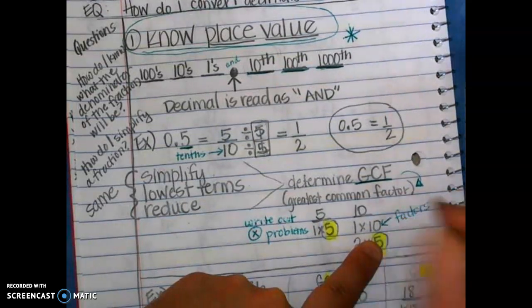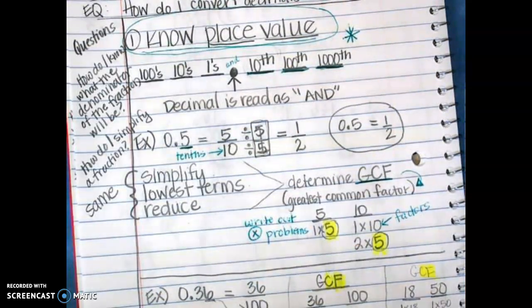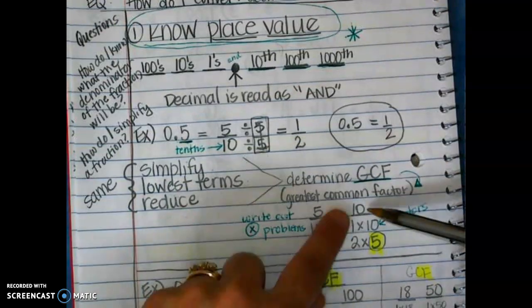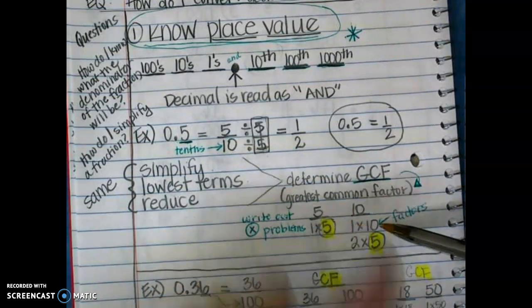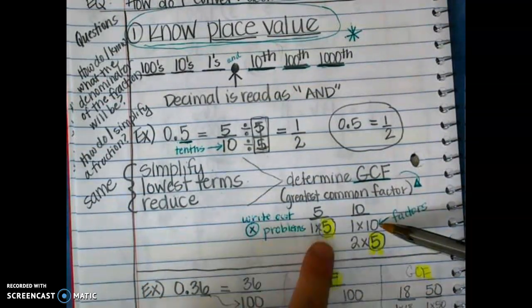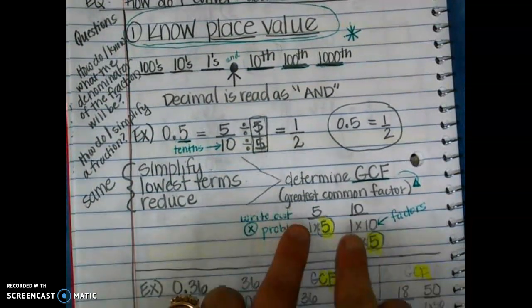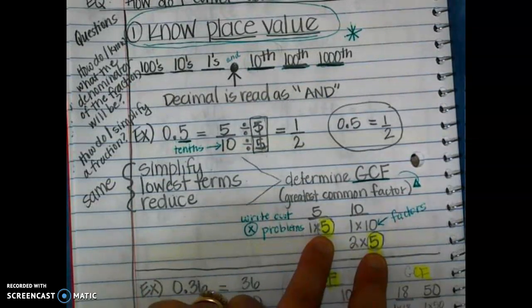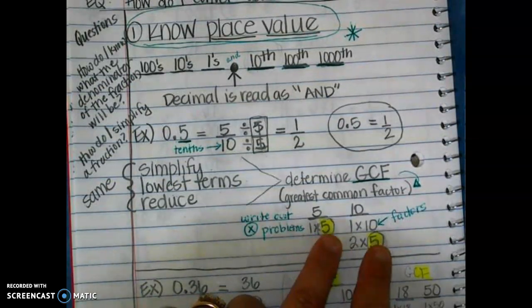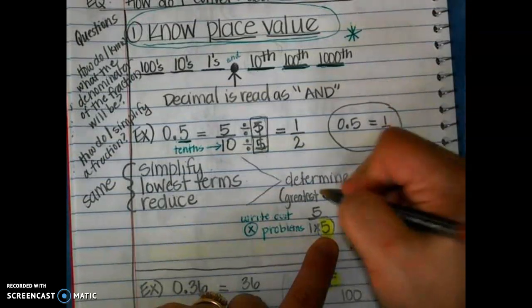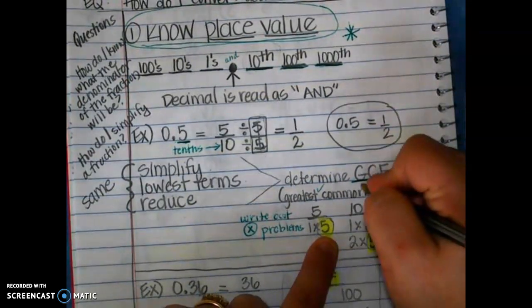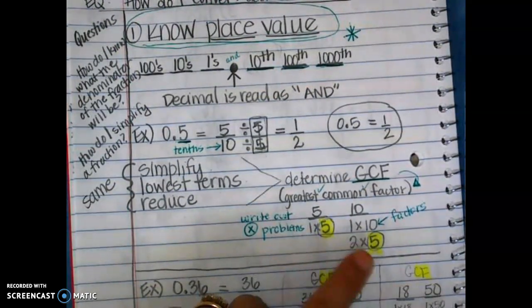And we're looking for the largest one that they both have. So for example, 10 has 10. That's a big number comparatively, but there is no 10 over here, so I can't pick the 10. They both have 1s and they both have 5s. So I'm going to pick the 5 because it's the greatest and they have it in common, greatest common factor.